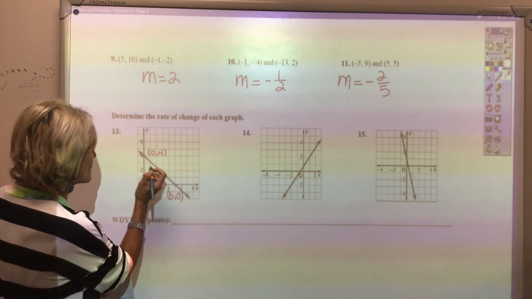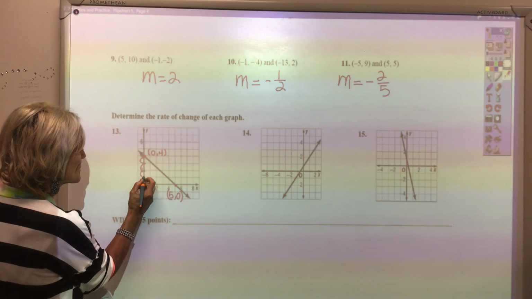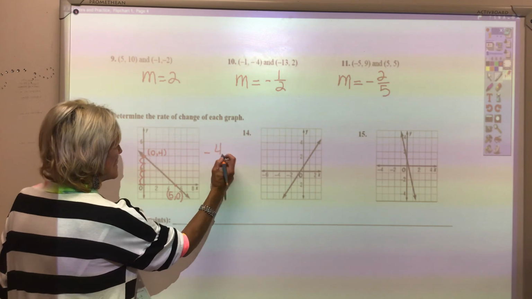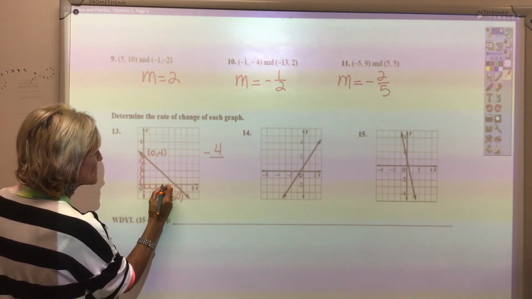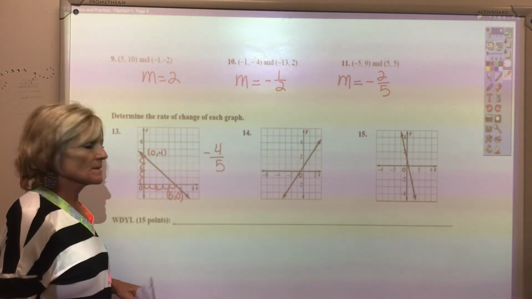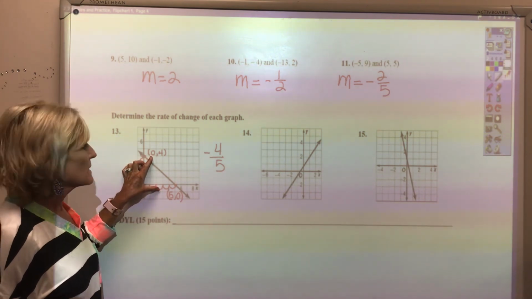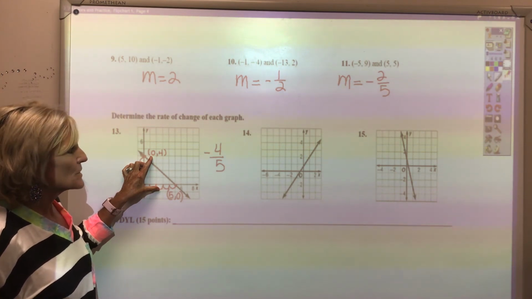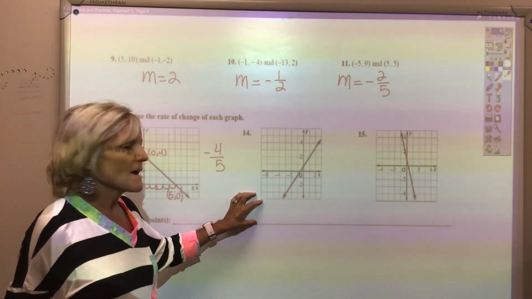So we can see we're going down 1, 2, 3, 4 lines, so -4, and we're going over 1, 2, 3, 4, 5. Our slope is -4/5. You can check that using the slope formula if you would like, but if you can get to where you're just graphing these or just finding them from the graph, then that's less math you have to do.